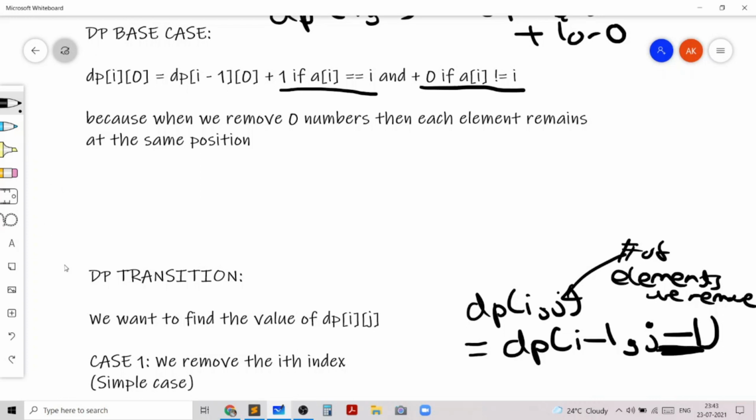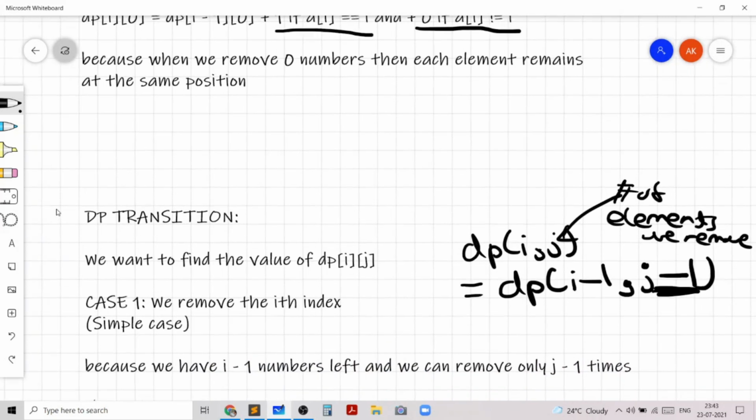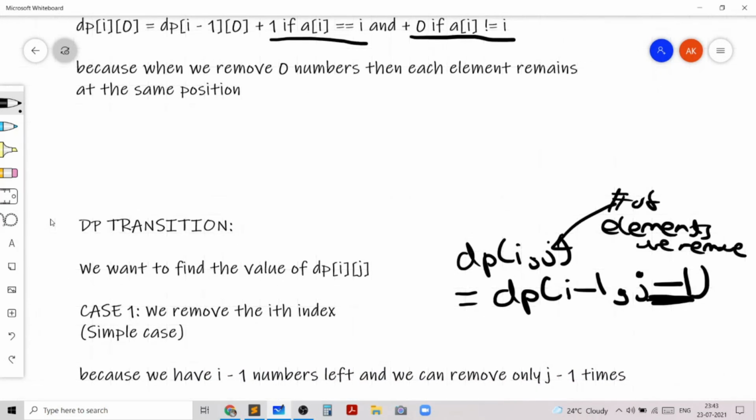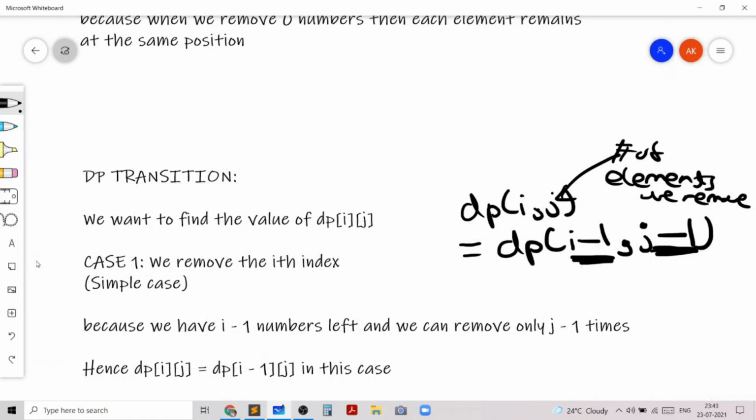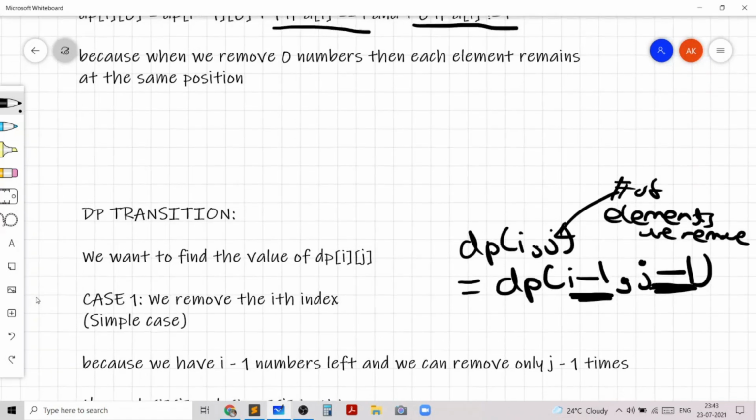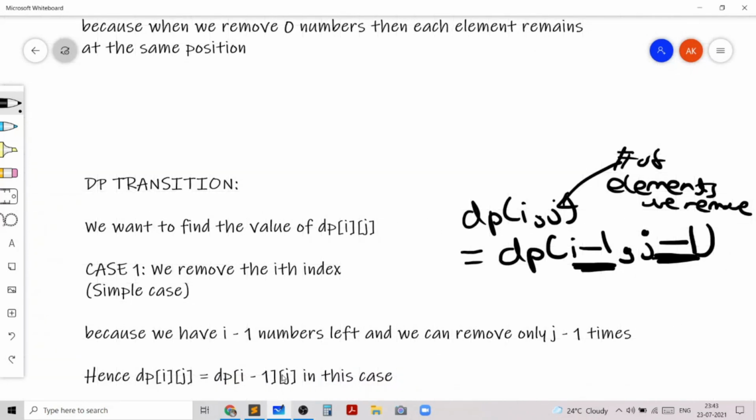Since we have i-1 numbers left, we consider the value of dp[i-1][j-1], so dp[i][j] will just be equal to dp[i-1][j-1].